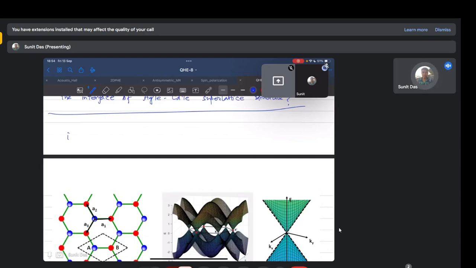So i sigma y and kappa, this is the time reversal operator. And what the time reversal operator really does is that it reverses the motion, right? That's the role of the time reversal operator.